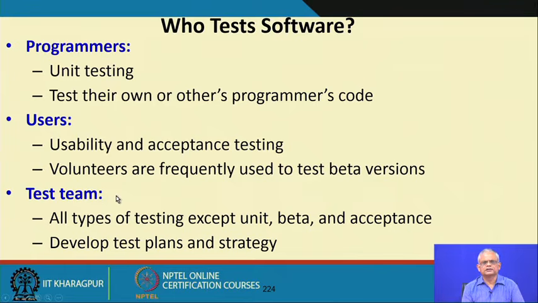And then often the organizations have a separate test team, and they do all the testing, that is integration, alpha testing and so on. So, they do most of the testing excepting the unit, beta and the acceptance testing, and they also develop the test strategy, that is, what kind of tests need to be performed, and they also develop the test plan, that is, when and in what sequence the tests need to be applied.